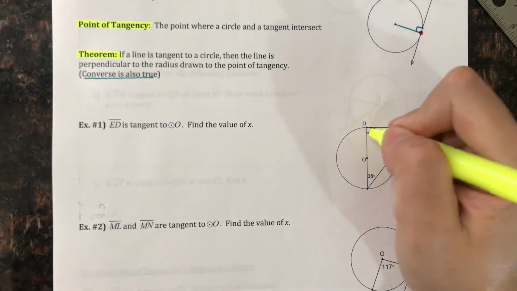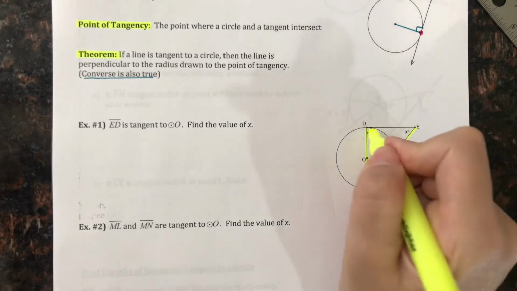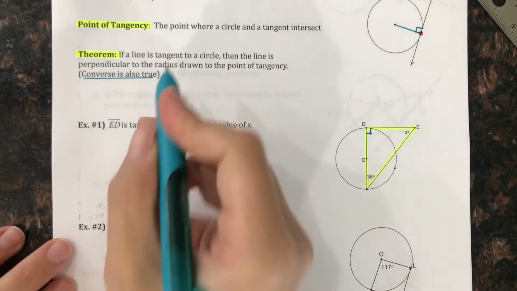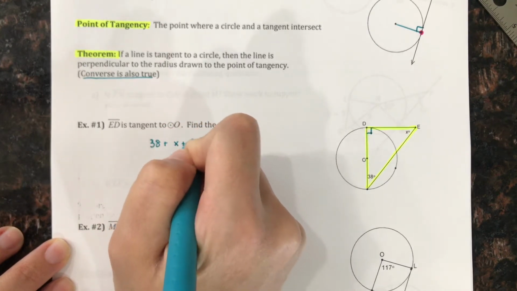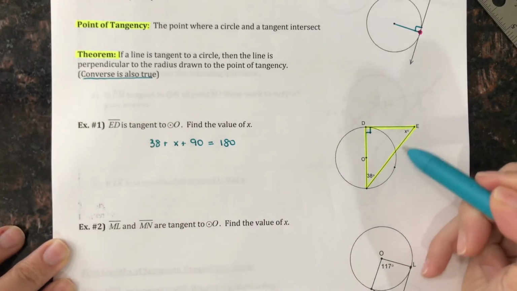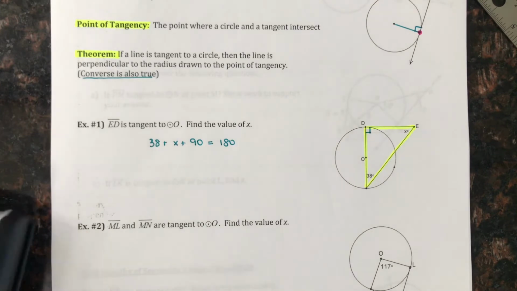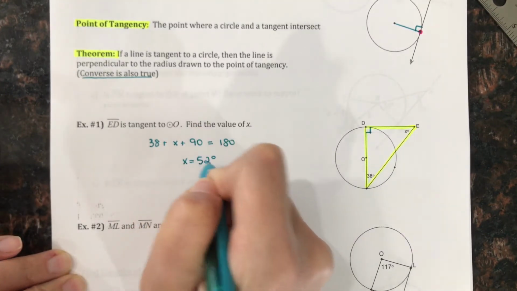So if you look at this as a large triangle over here, we know that the sum of the three angles in a triangle have to add up to 180. So if I add these three angles, they add up to 180. So using my calculator and subtracting, we get x is equal to 52 degrees.